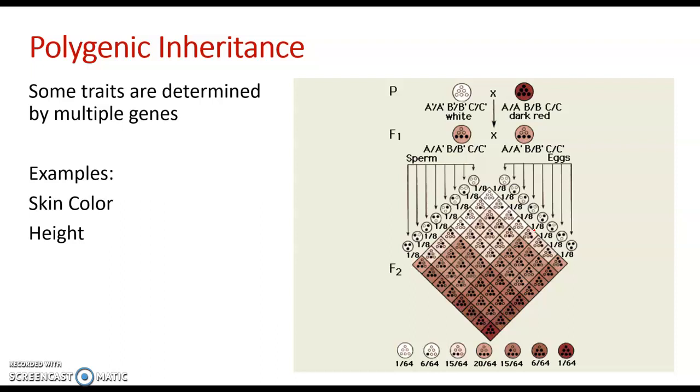But I kind of just wanted to show you this because this is still a Punnett square that is being performed, obviously probably by a computer and not by somebody drawing it out at home like you're going to be doing. But it's the same process that you can go through. As long as you know all of the traits, all of the genes that lead to that trait or contribute to that trait, then you can perform a Punnett square to figure out what the possibilities are.